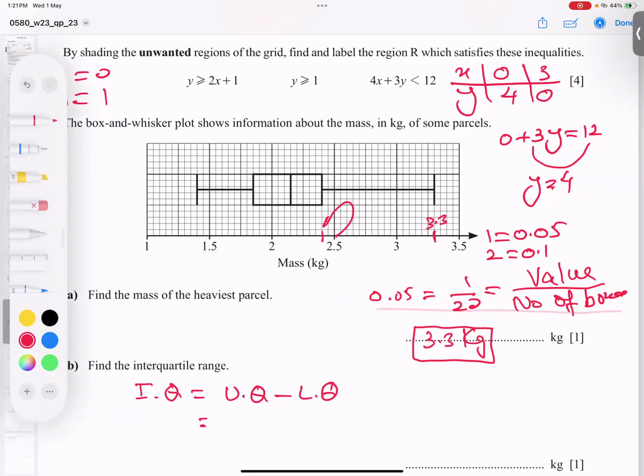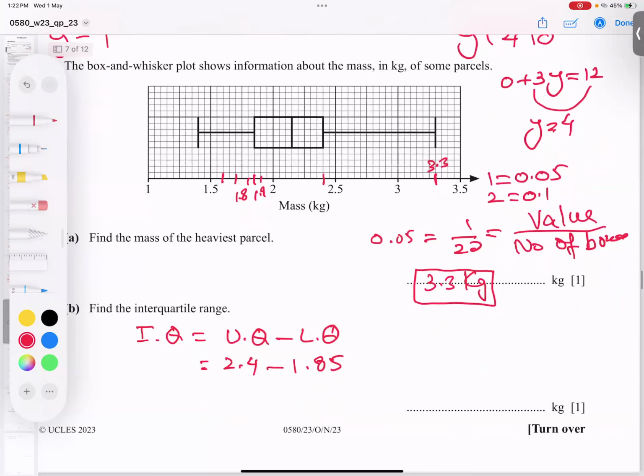Naturally 2 boxes is 0.1, so it is coming 2.4. Lower quartile is this number. Let's check. This is 1.5. After 2 boxes 1.6. After 2 boxes 1.7. After 2 boxes 1.8. After 2 boxes 1.9. But this is in the middle, so 1.85.